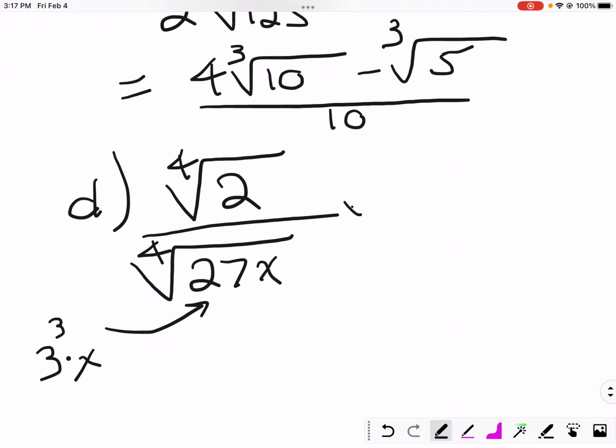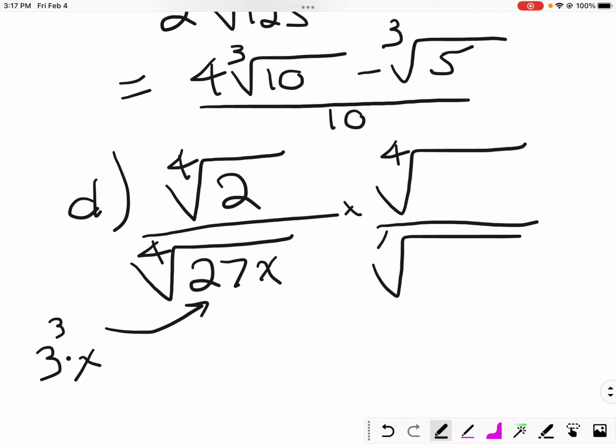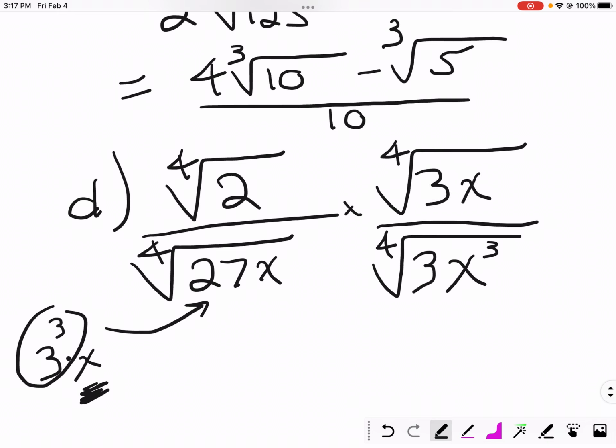What that means is, on the top and the bottom, we always multiply the top and the bottom by the same thing. Because I've already got 27, which is 3 cubed, I need one more 3 to make it 3 to the 4th. Because I've got 1x, I need 3 more of them to make it x to the 4th. Then I can take the 4th root nicely.